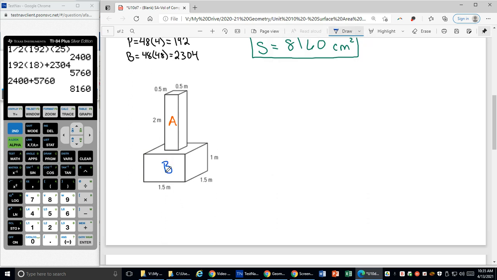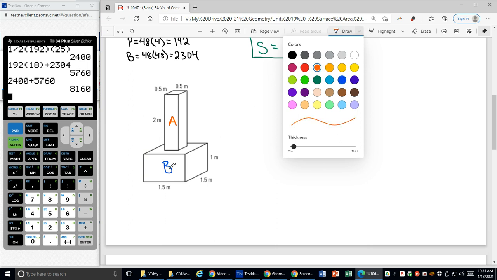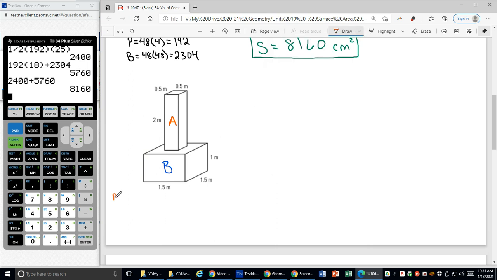Okay, so the first thing I'm going to do is find the perimeters of the bases for A and for B. For base A, it is this little square. It's 0.5 by 0.5, right?